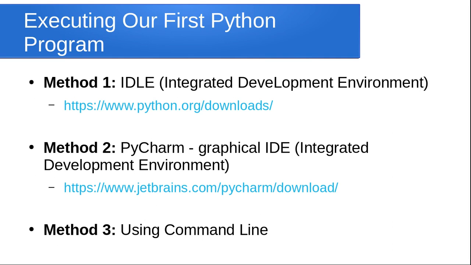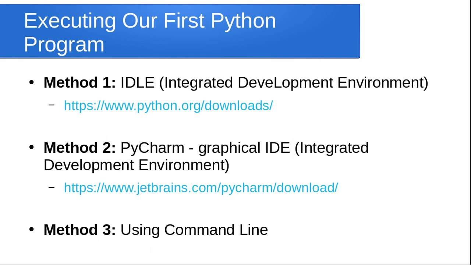IDLE stands for Integrated Development Environment, and method 2 is PyCharm, one of the advanced graphical IDEs, which was used by most developers. And third one is using the command line. So let me explain one by one.